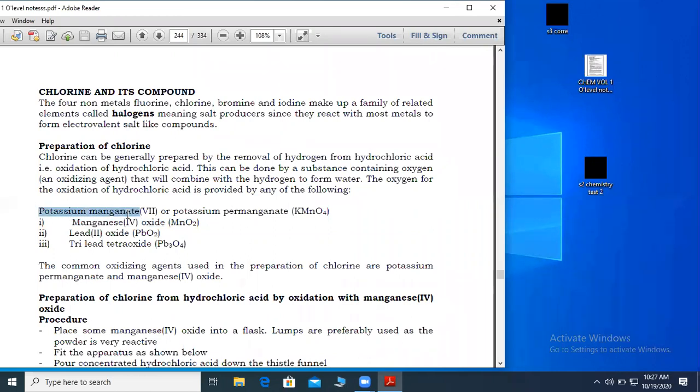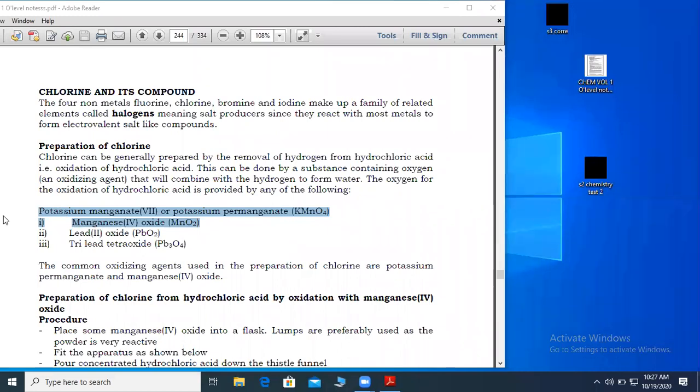So potassium permanganate or potassium manganate 7 is one of the oxidizing agents used to prepare chlorine. And by the way, at your level, I want you to only take note of these two. The other ones we shall look at in senior 5.